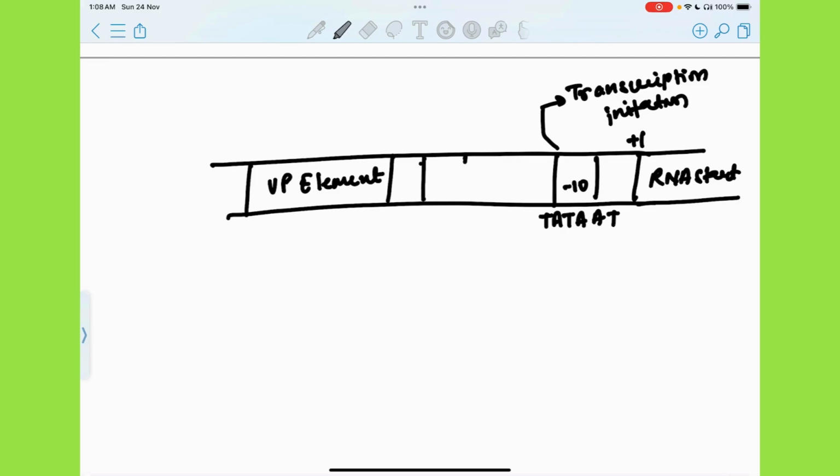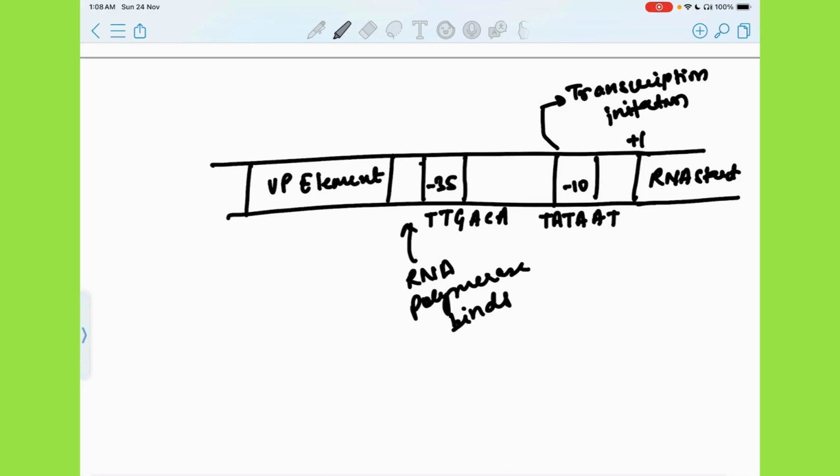At the -35 region we have TTGACA, where the RNA polymerase binds. And the UP element interacts with the CTD domain of the polymerase enzyme.